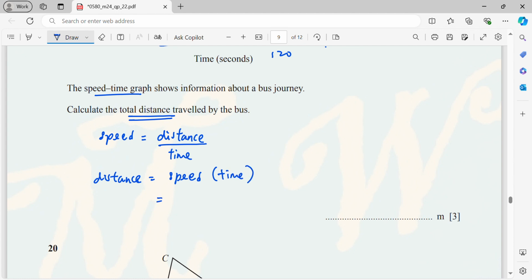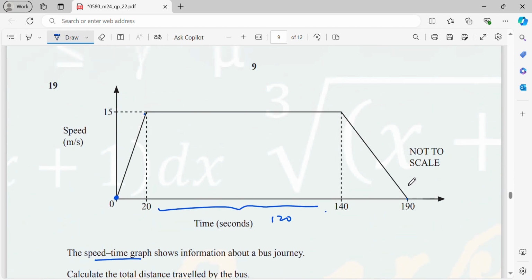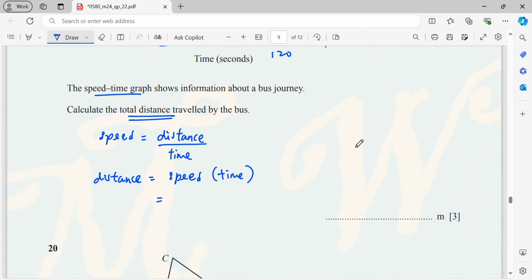So the speed and time, you multiply the vertical axis and the horizontal axis, which means this is the area under the curve for the VT graph. So then from here I will just say distance is the area.